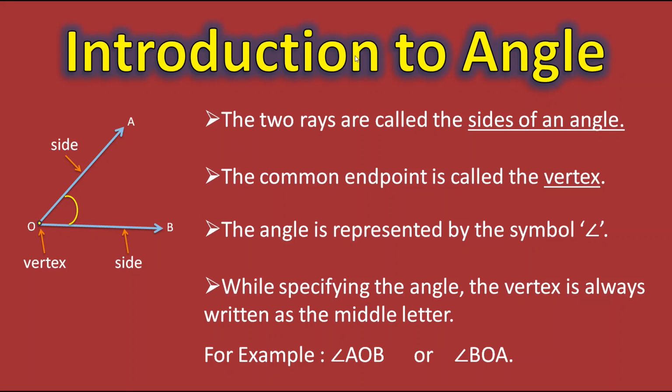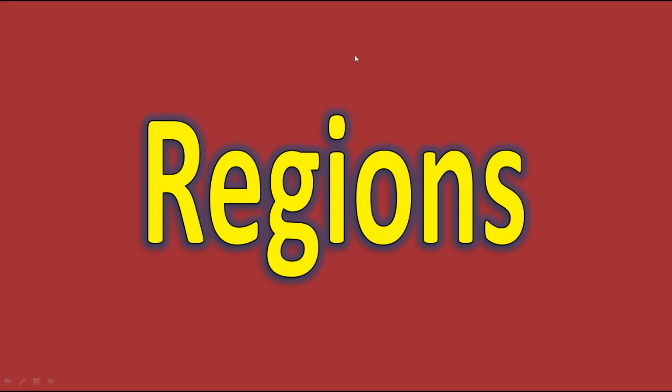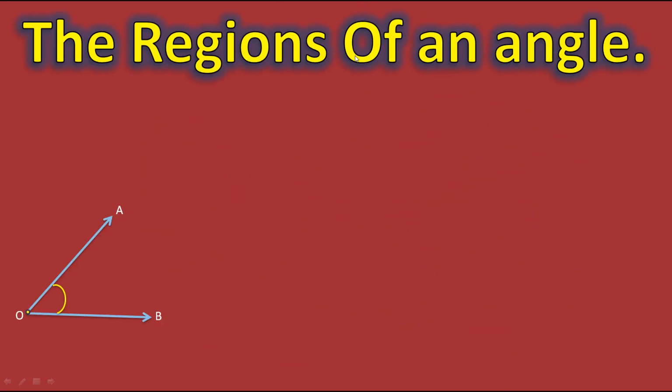Next we will move to regions. Regions of an angle. See here. This angle is drawn on a plane, right? Now this angle is dividing this plane into two parts, that is the interior of an angle and the exterior of an angle.